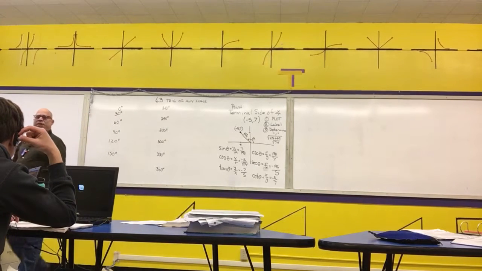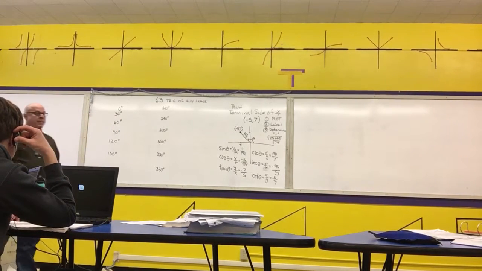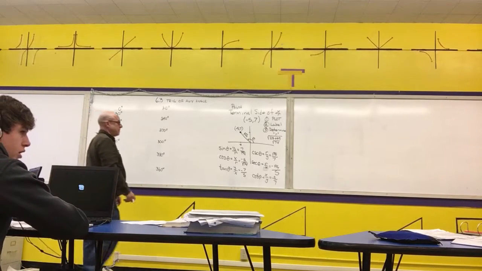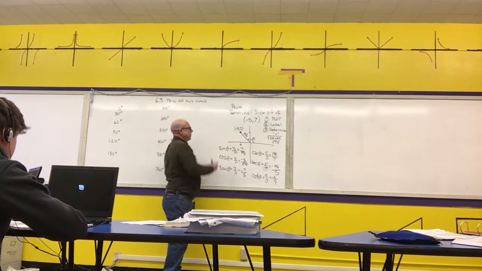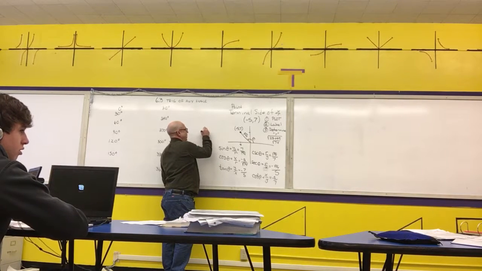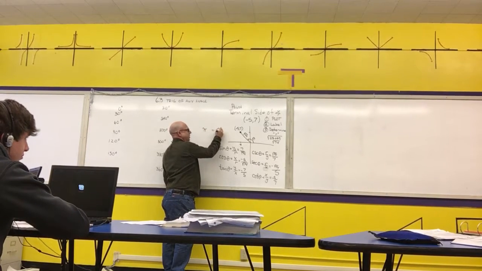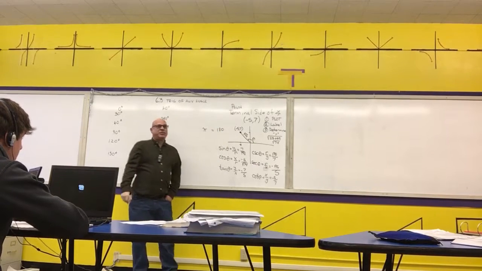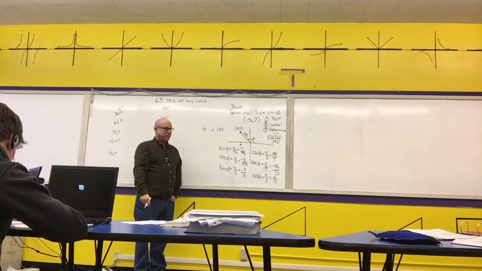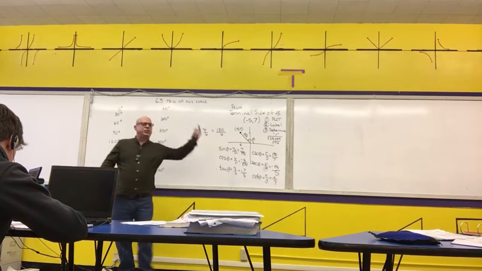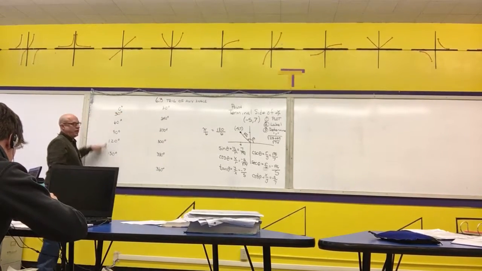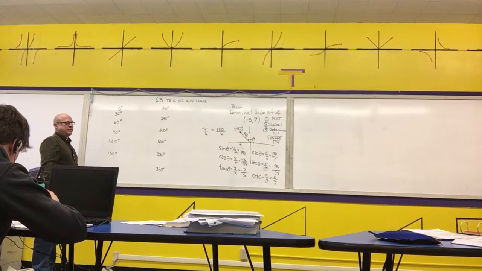30 degrees is how many radians? Pi radians is 180 degrees. What number do I have to divide 180 by to get to 30? So each one of these that I wrote on here is a pi sixth.